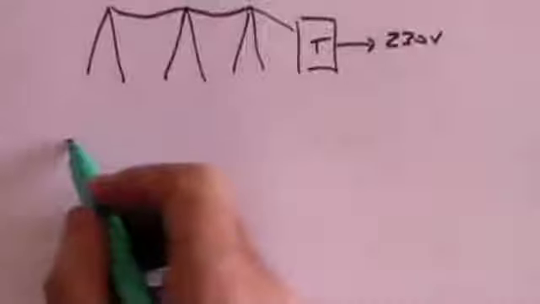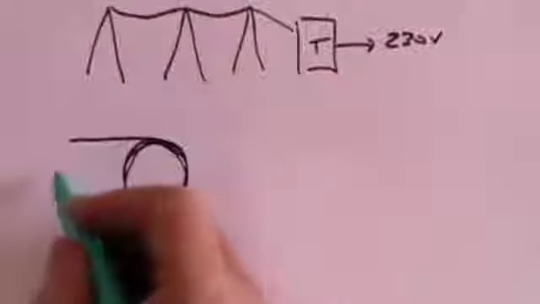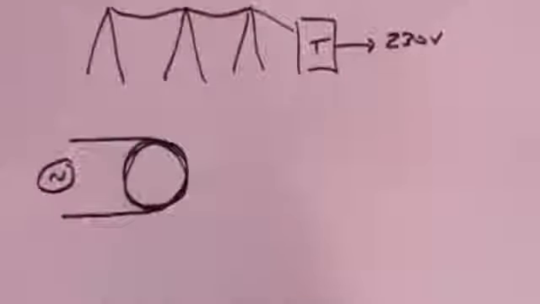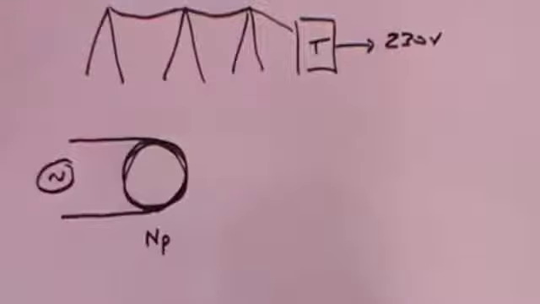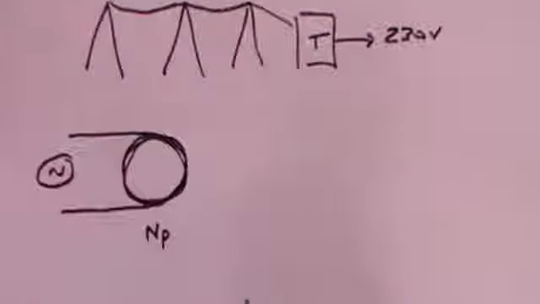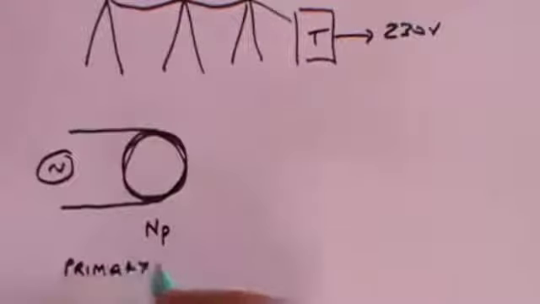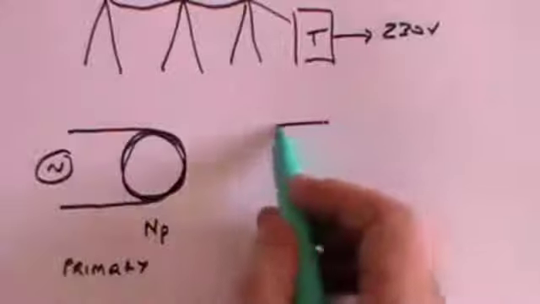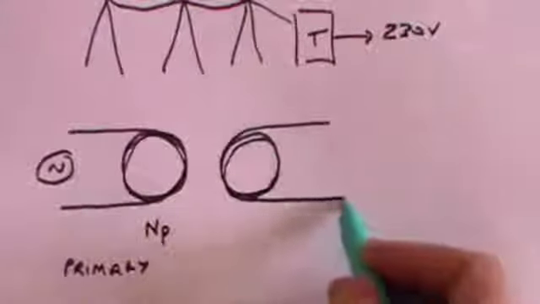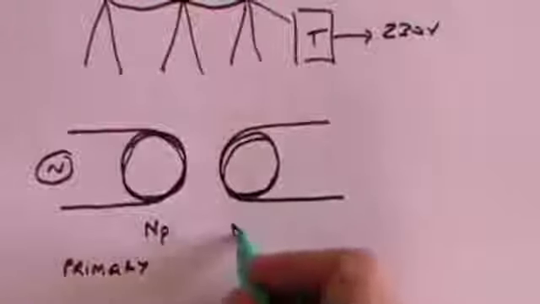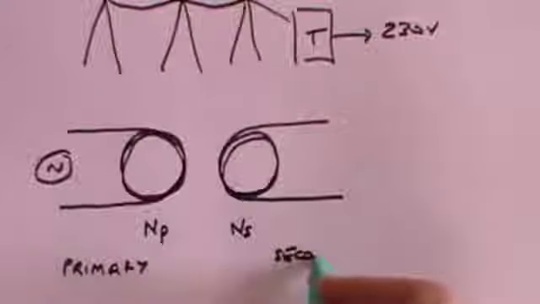Well, you take a coil of wire, and this has an alternating voltage across it, and let the number of turns in that wire be called NP. It's P because this is known as the primary. Now take another wire, which is not connected to any power supply at all, and let the number of turns in that wire be called NS, because this is called the secondary.